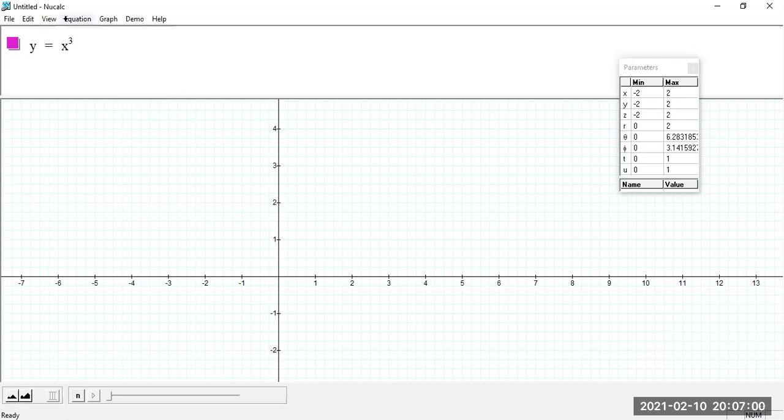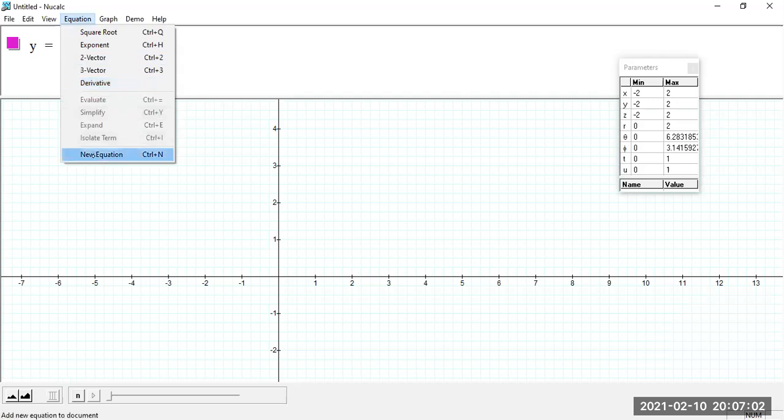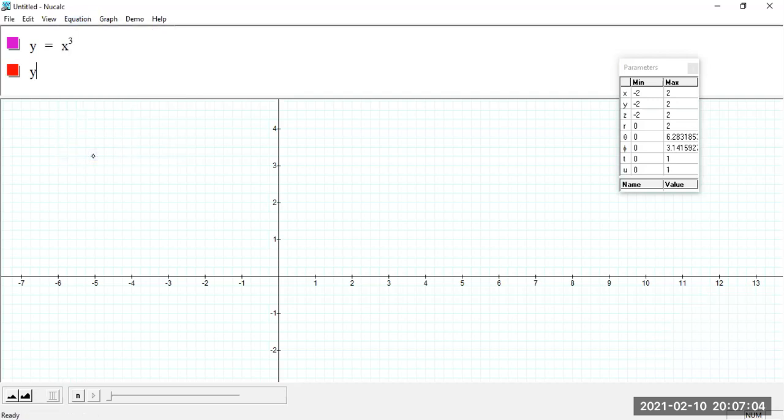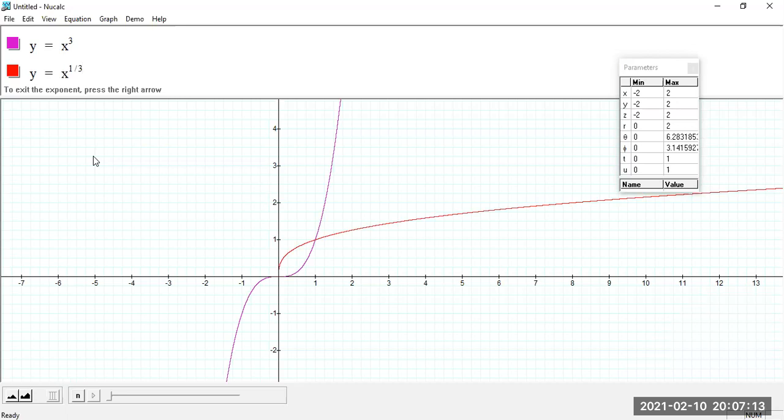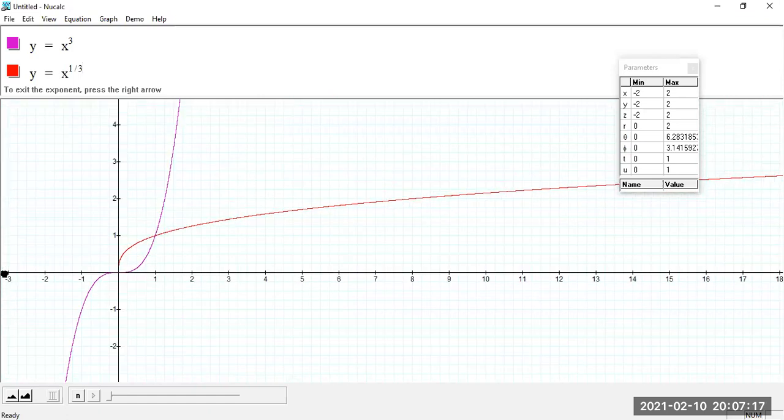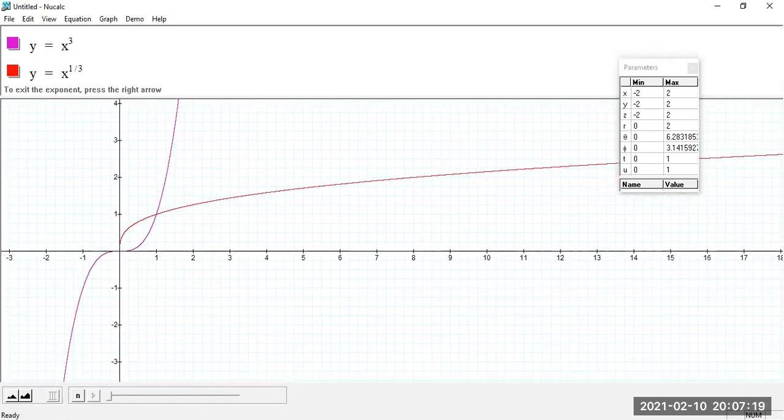And then the second equation, y equals the cube root of x. I draw them on the same axis. Let me do the screenshot here.